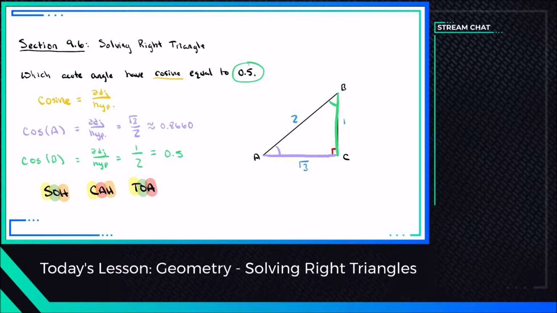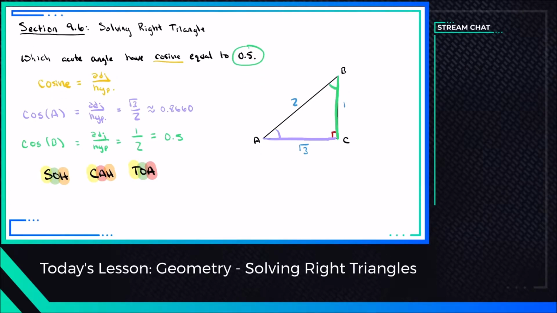But moving on, we need one more little piece of information before we can start looking at solving right triangles completely. Because sometimes you're given what a sine ratio is equal to. You can find that out by looking at these side lengths here, but you don't know what the angle is equal to.